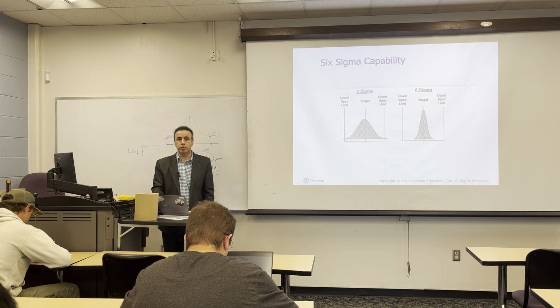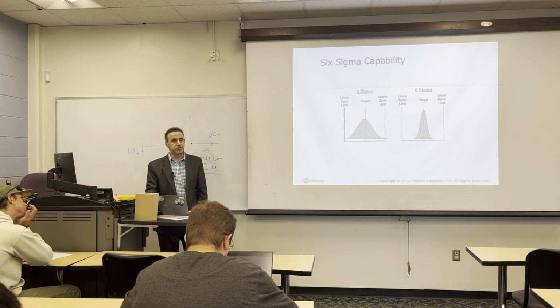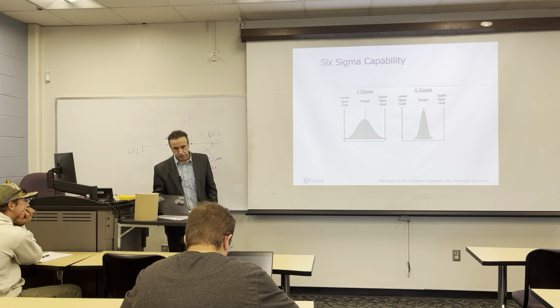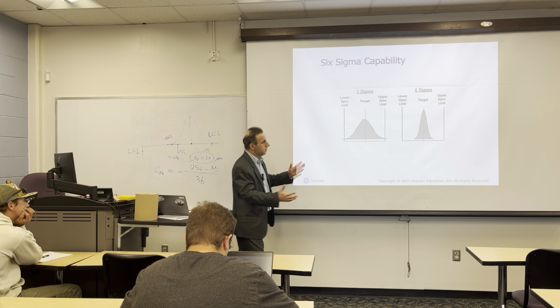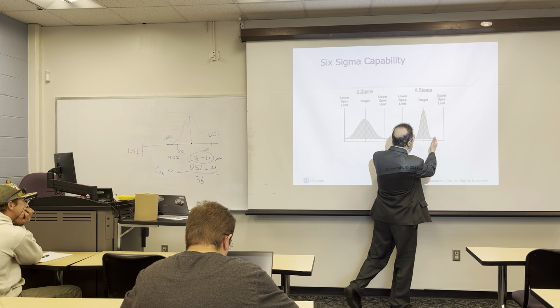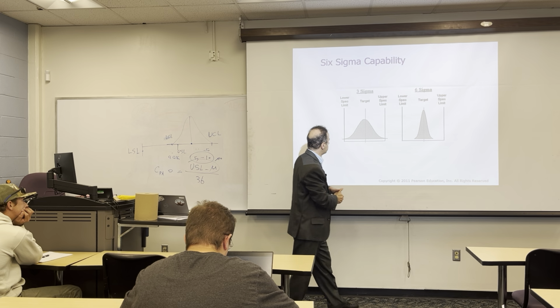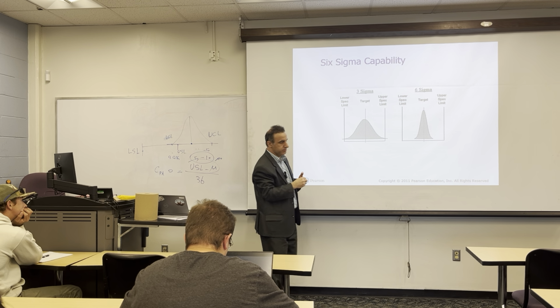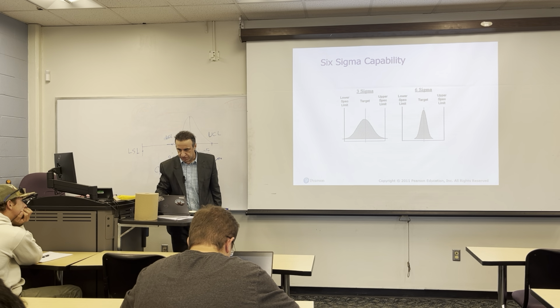Sometimes they ask you whether your process is 3 sigma capable or 6 sigma capable. If 6 sigma capable, it's going to be tighter like this one. 3 sigma is going to have a larger variation. And each one has a criteria.